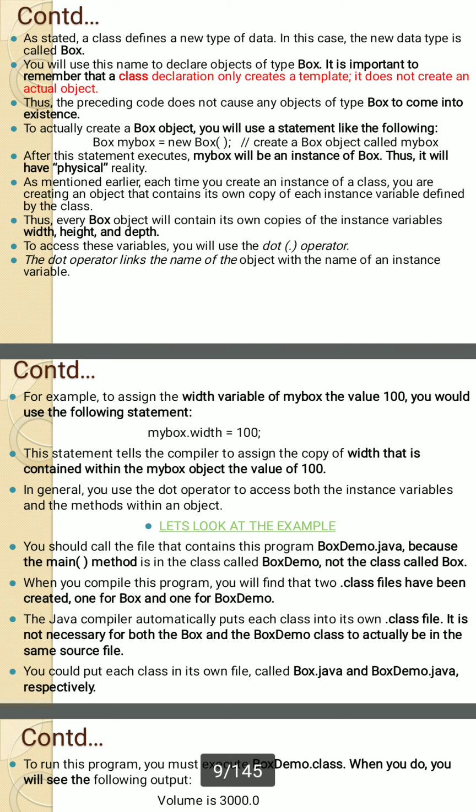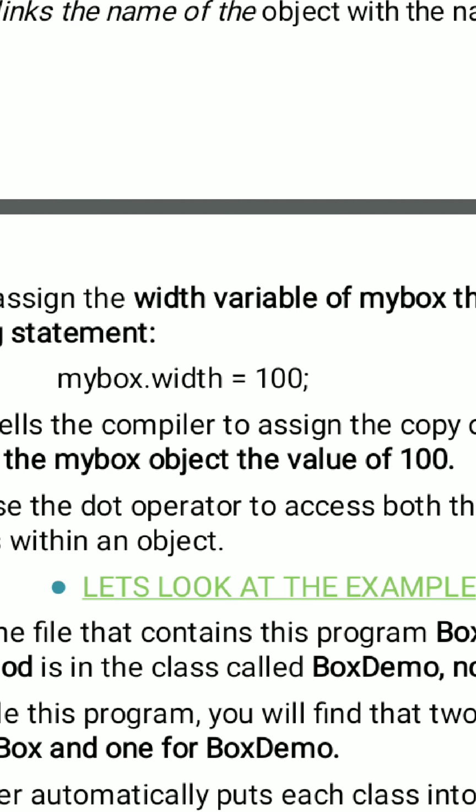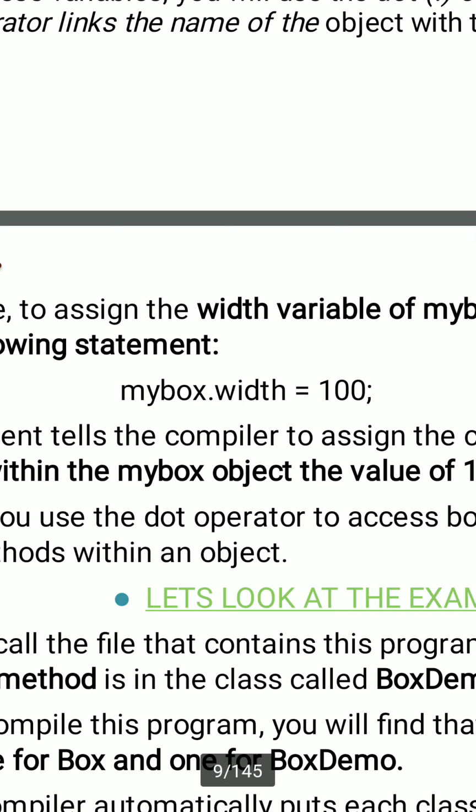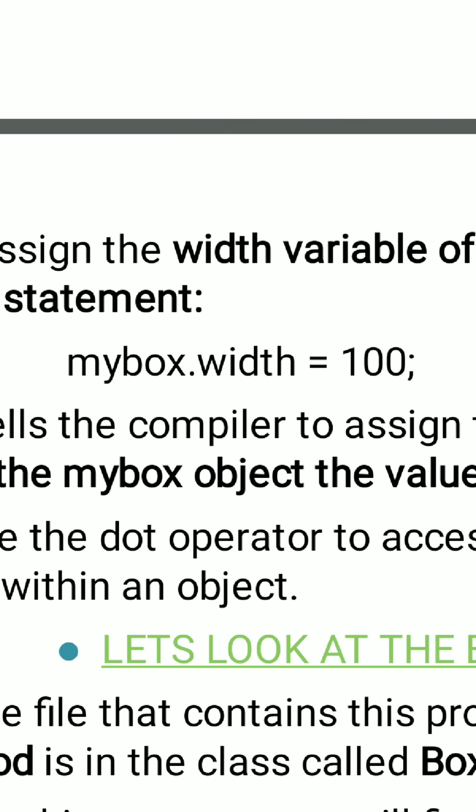For example, if you want to assign the value 100 to the instance variable width, how do you do this? mybox.width = 100. Mybox is the object of the class Box, followed by the dot and the instance variable width, equal to the value which you want to assign to that variable.